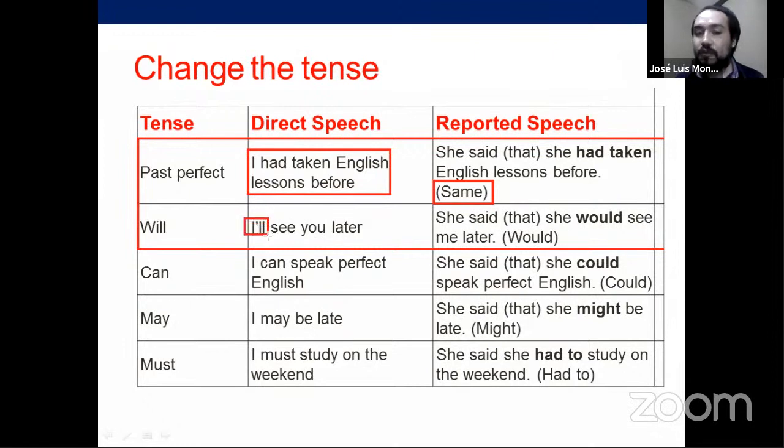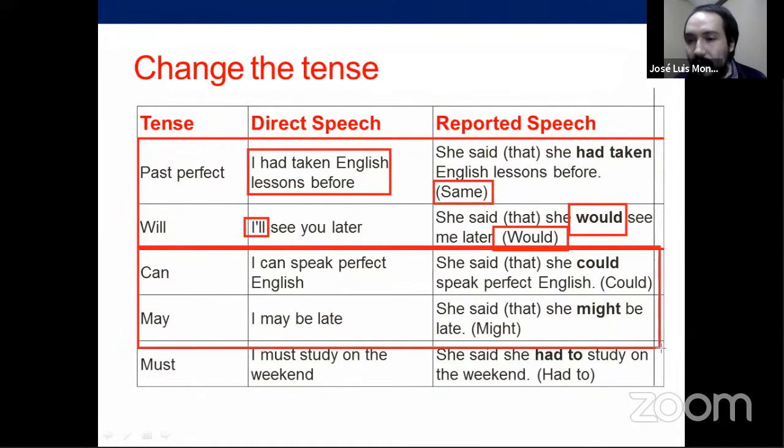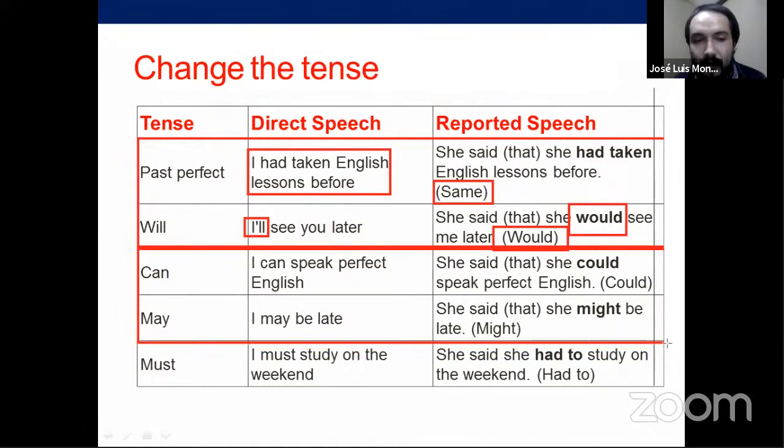But if you use simple future with will, you have to change it to would, okay? I'll see you later. You're not going to say will, you're going to say would, all right? She would see me later. Let's continue. If you can help me with these parts, can and may, please, Lourdes.